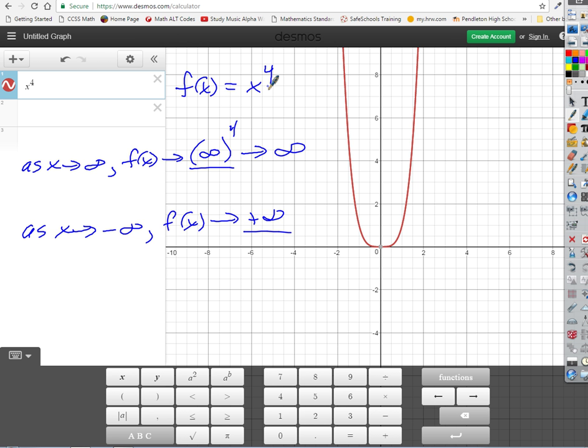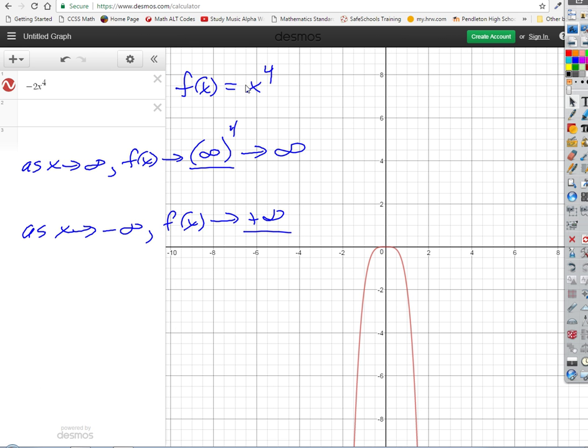Okay. What about if we compare that to, what's it do then? How about this? What's it do if I make the coefficient -2? How does that change our thinking on this? If f of x is now -2x to the fourth, you see how that's going to switch things around?